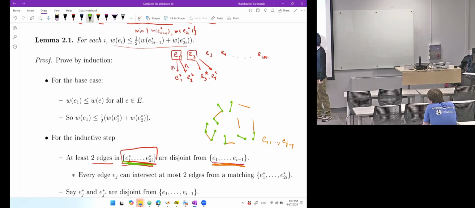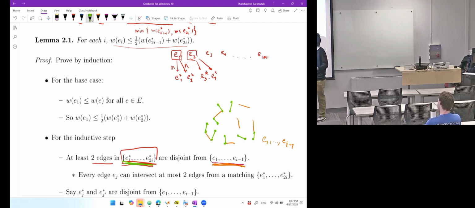So any edge can intersect at most two green edges. So i minus 1 edges can overlap with at most 2(i minus 1) green edges.